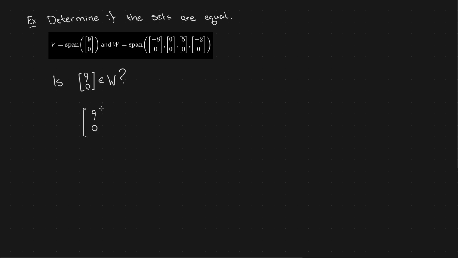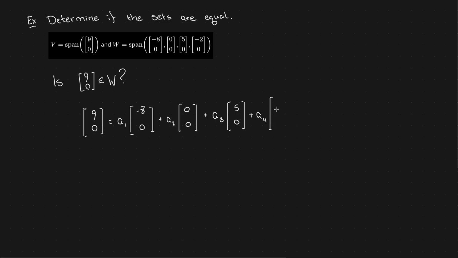So 9, 0 equals some constant times negative 8, 0 plus some constant times 0, 0 plus some constant times 5, 0 plus some constant times negative 2, 0.